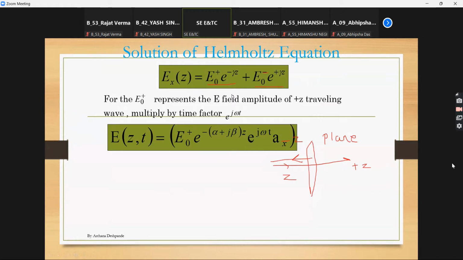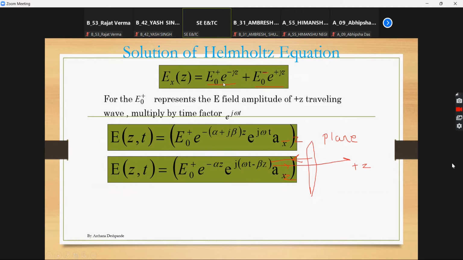Now see what is given next. This gamma is alpha plus j beta. I have written alpha plus j beta in place of gamma. I am not going to say anything about the reflected wave right now. We will add it later. Right now, just understand what the incident wave is. I am expressing this wave in terms of its electric field. Why have I written only z?